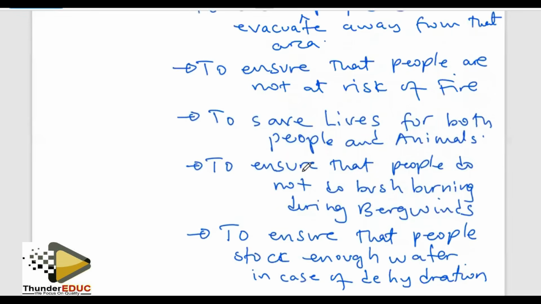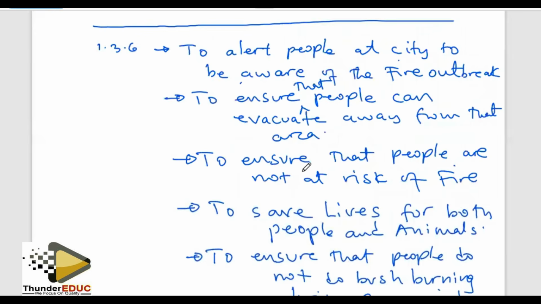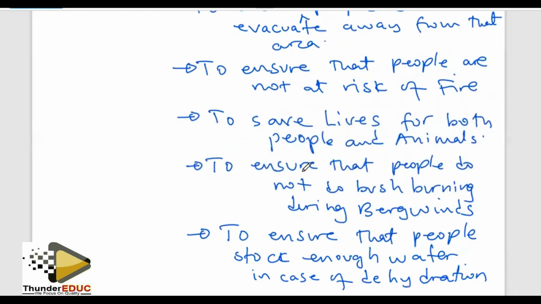So that is why they are issuing warnings at city A, is to ensure all those factors and as well to make sure that people are safe.